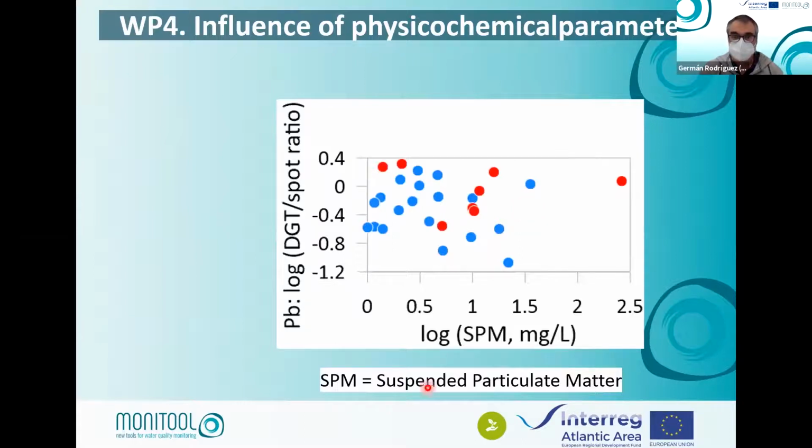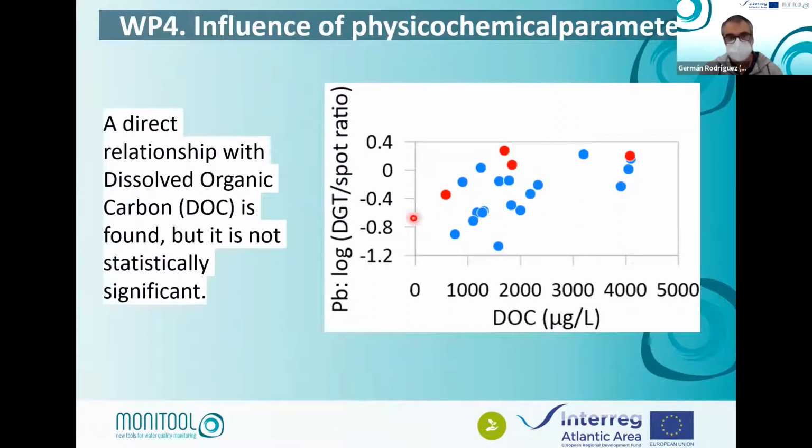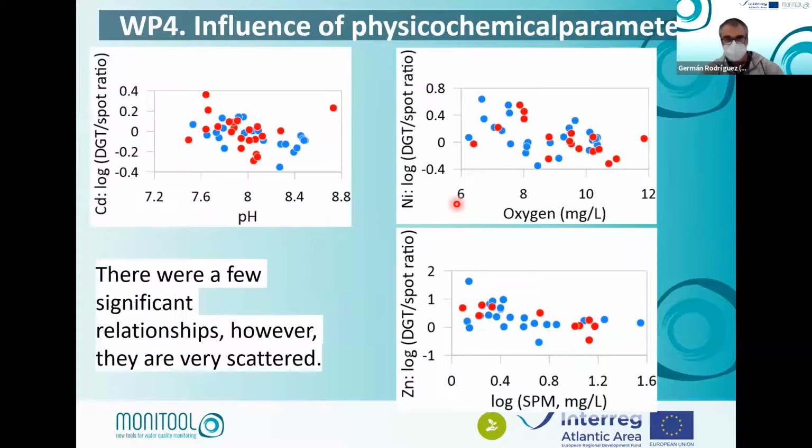And with suspended particulate matter, okay, there is no pattern. With dissolved organic carbon there is a direct relationship with the ratio, but this is not statistically significant. Okay. In general, we have not found statistical or clear patterns between the ratio and the physicochemical parameters.